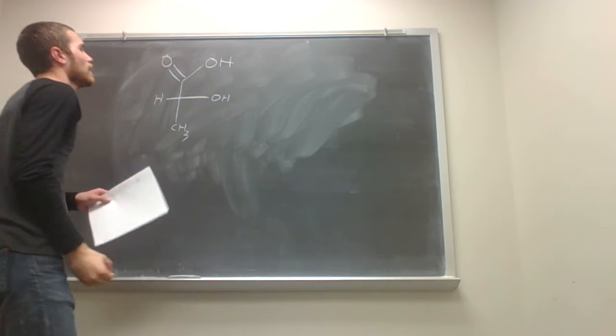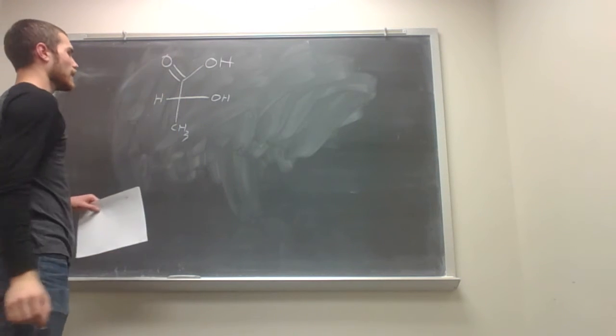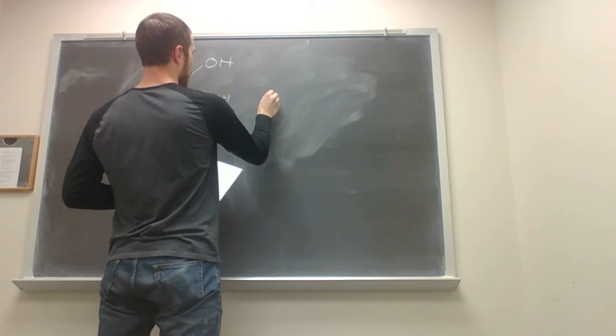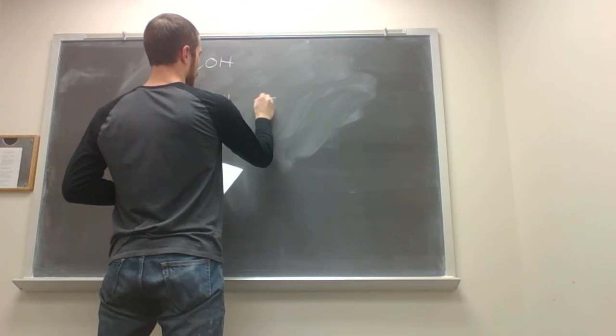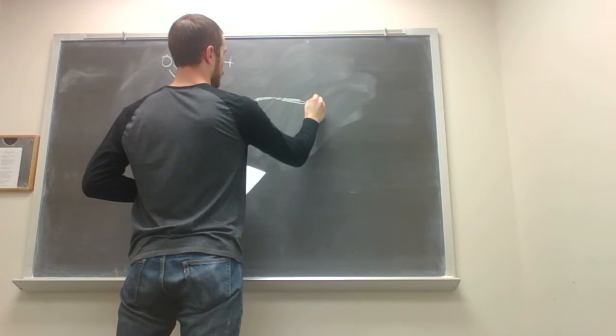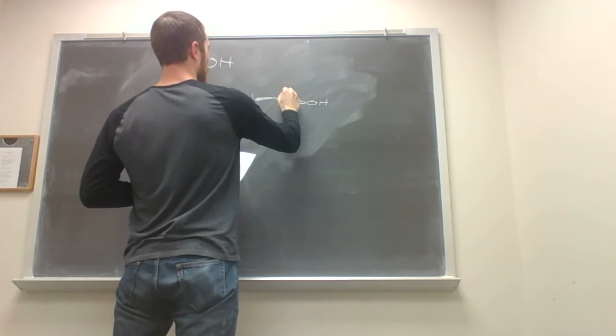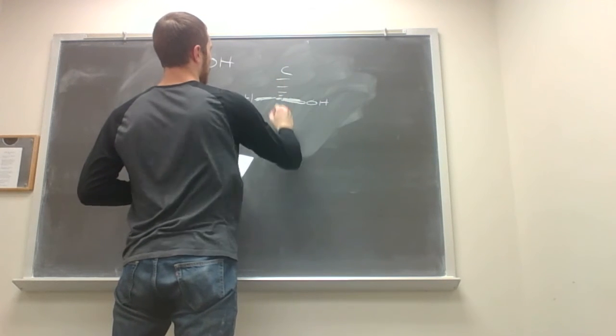Say it looks like that. Say you needed to assign the chirality of this center here. You would just know that Fischer projections basically mean this: the OH group here, and these are in the front. H is here, and it's in front. These carbon atoms here are in the back.